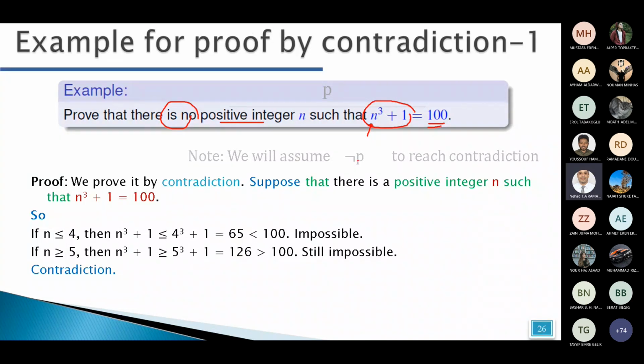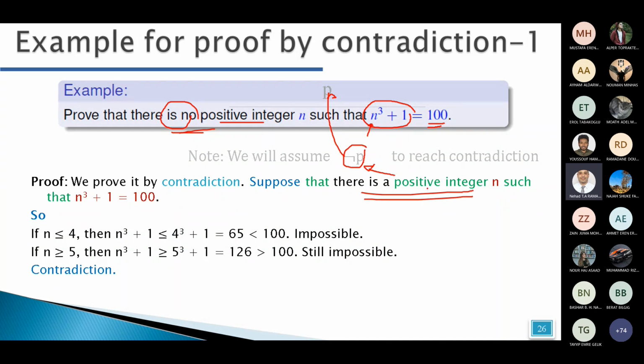Okay, I assume not B. If I get a contradiction here, if I get an impossible value here, this means not B is not correct. So B is correct. Okay, what is not B here? B is there is no positive integer. Then not B is there is a positive integer.